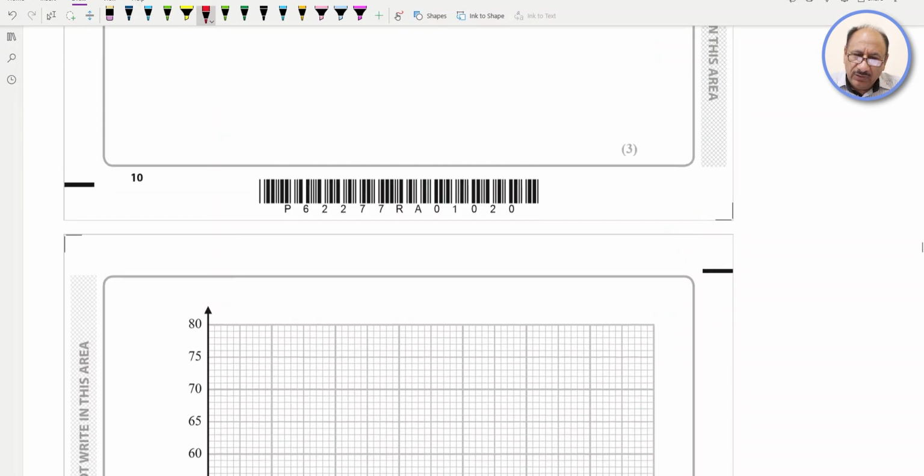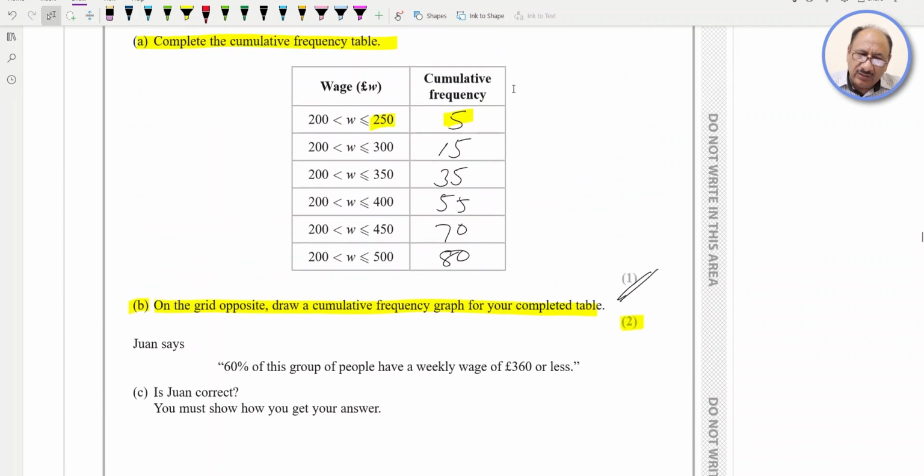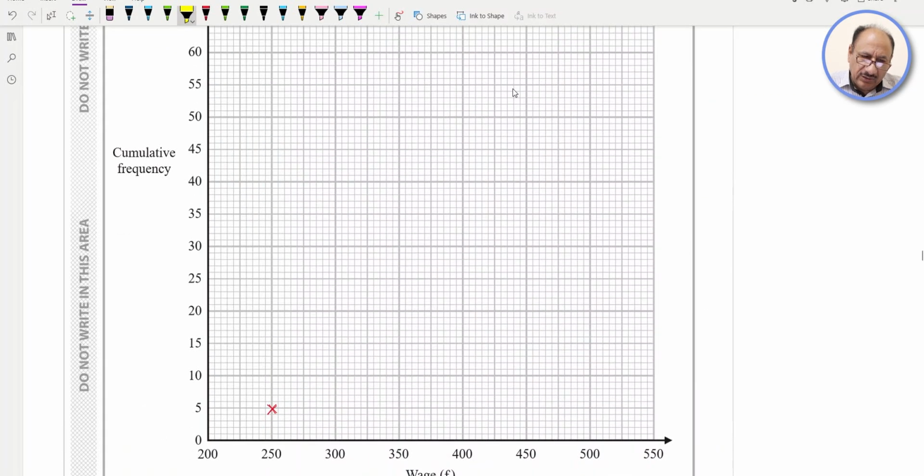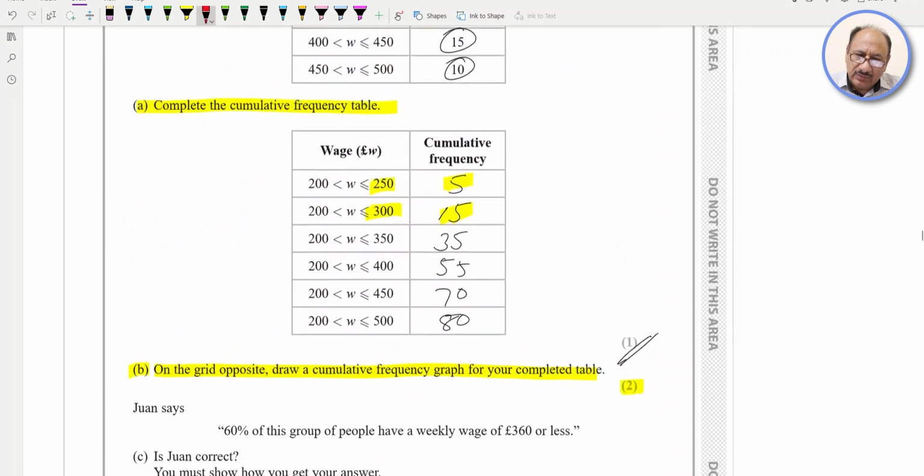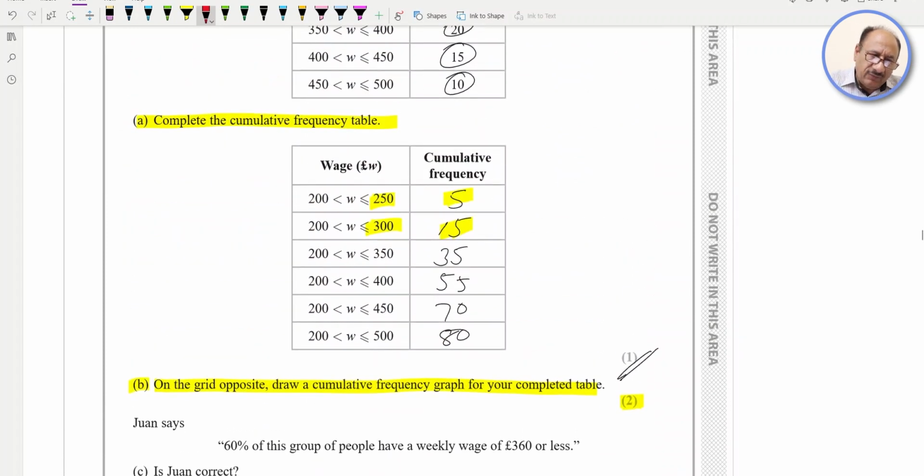Second mark will be for 300. Up to 300 is 15. So 300, 15 indication we have to show. 300, 15 will be this one. Next data is 350 to 35.